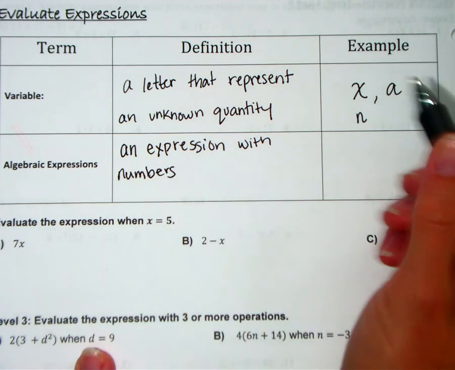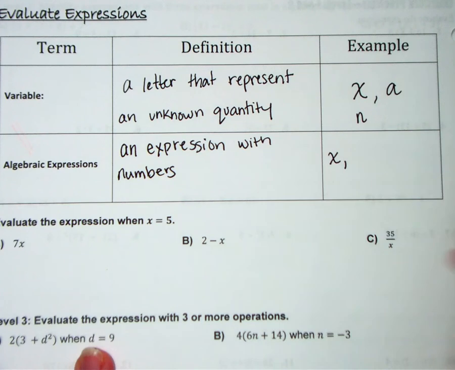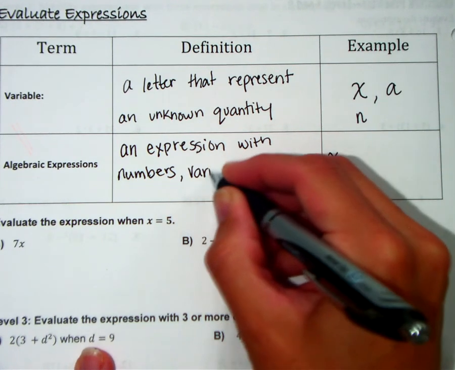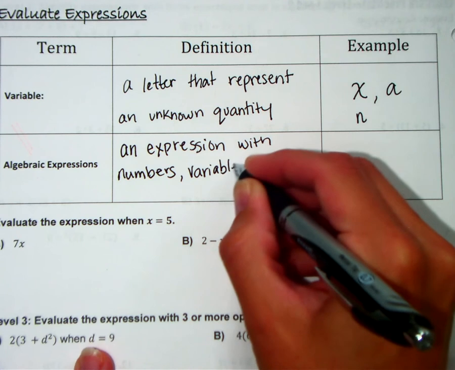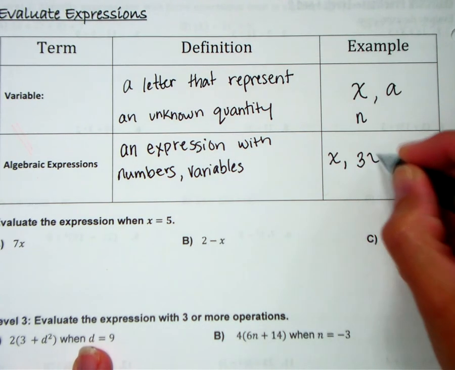So an algebraic expression could actually just be the letter x. It doesn't have to have numbers. Variables, as I just showed you there, it can have numbers and variables like 3x.